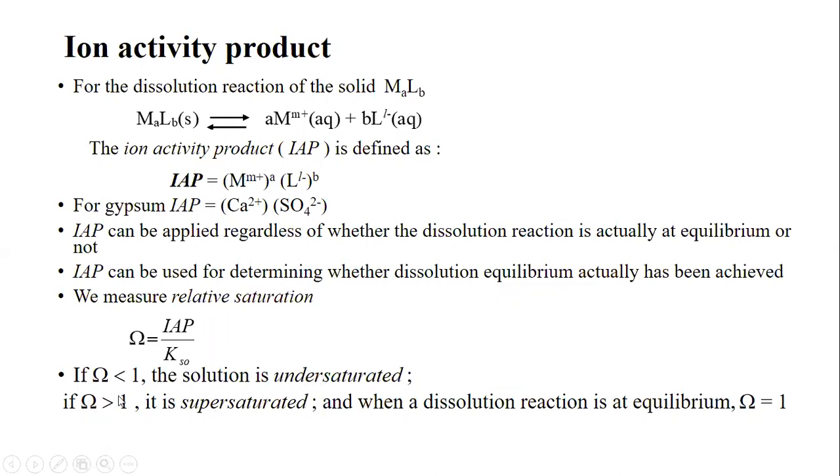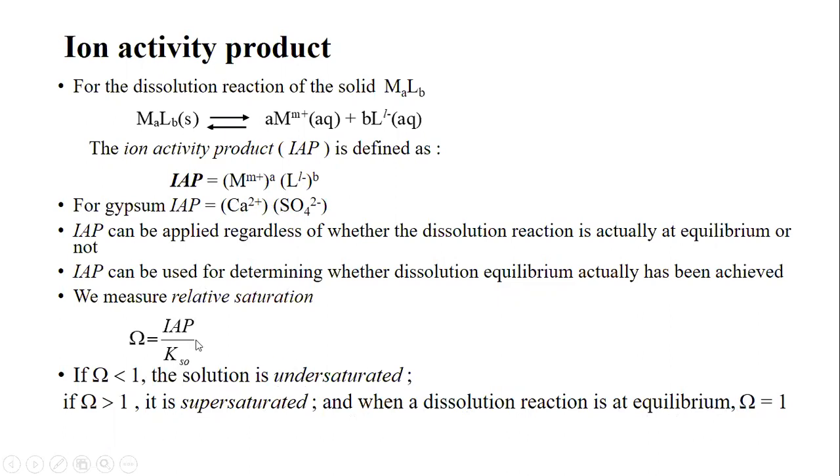If omega is greater than 1, you calculated this over this greater than 1, which means this product for the solution we have is greater than K. So this cannot stay. It's oversaturated. Some of these ions have to get together and precipitate to form calcium sulfate to reduce this to K. So we have a supersaturated solution. And when a dissolution reaction is at equilibrium, omega equals 1.